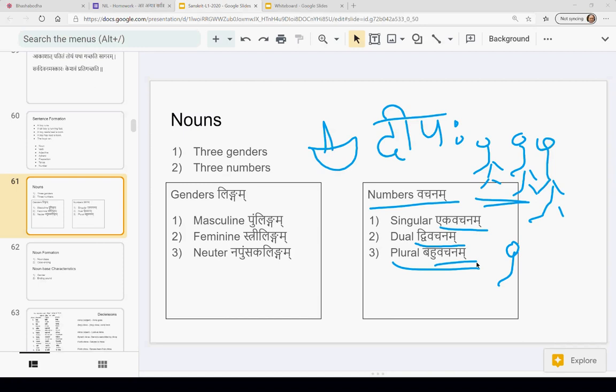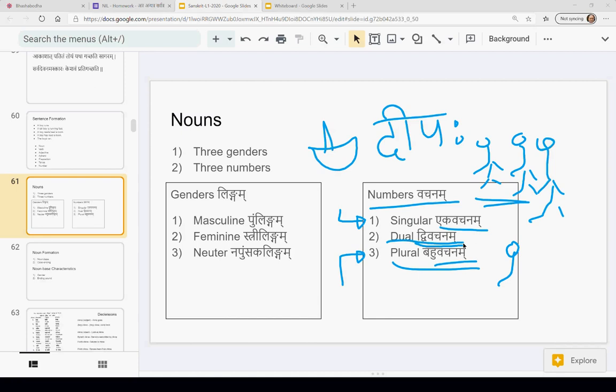So ekavachanam, dvivachanam, bahuvachanam, three forms. Initially, to keep it simple in our study, we'll look at singular forms, ekavachana forms, and plural forms, bahuvachana forms. If there are plural forms of some of the words we have seen, we'll study those.